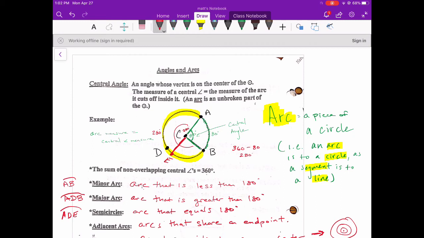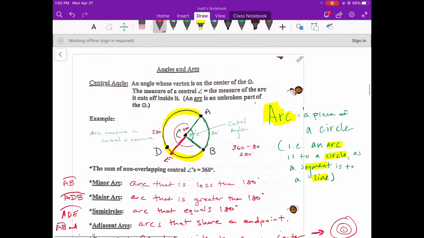Adjacent arcs are arcs that share an endpoint. So arc AB and arc AD would be adjacent arcs because they both share that point A. So that's some vocabulary for naming some parts.